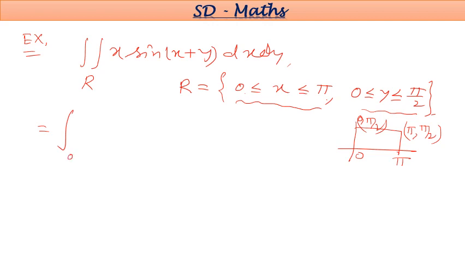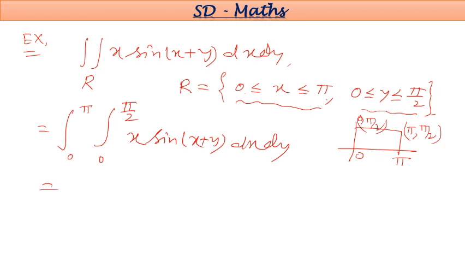So rewrite it with the limit x varies from 0 to pi, and the limit y varies from 0 to pi by 2, and x sin(x plus y) dx dy, right? So now I am integrating this with respect to x.